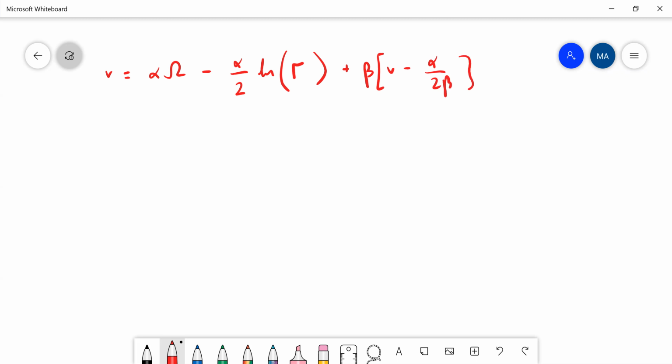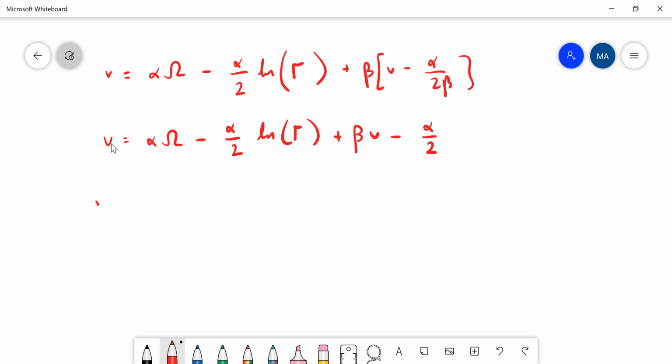Okay, so then I have v equals alpha omega alpha 2 ln gamma beta v minus alpha divided by 2.